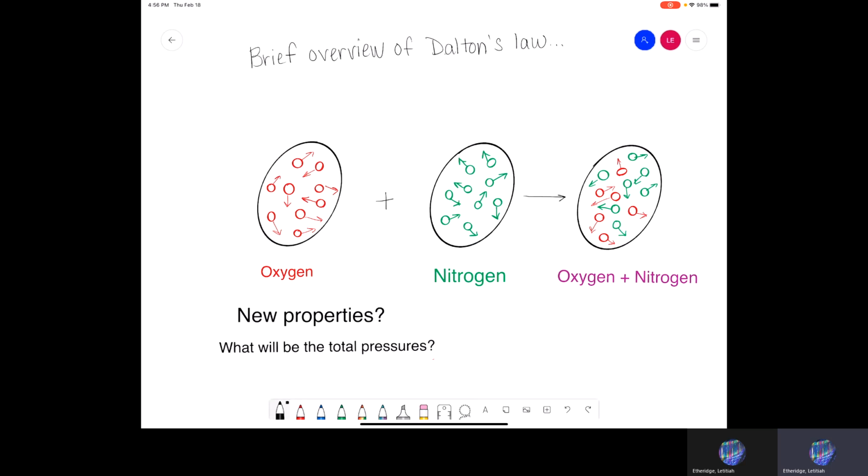That's why Dalton's law is known as partial pressures. So the partial pressure of oxygen plus the partial pressure of nitrogen is going to equal the total pressure of the whole system. Hopefully that explanation makes some sense.